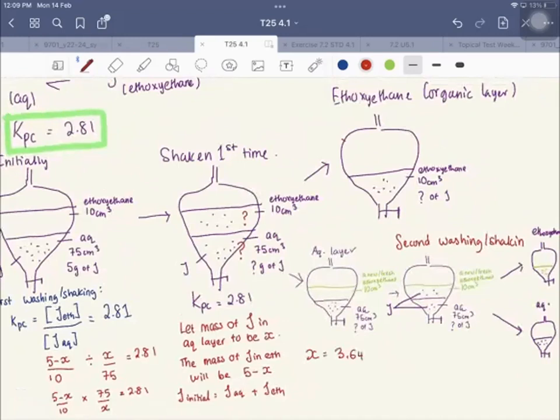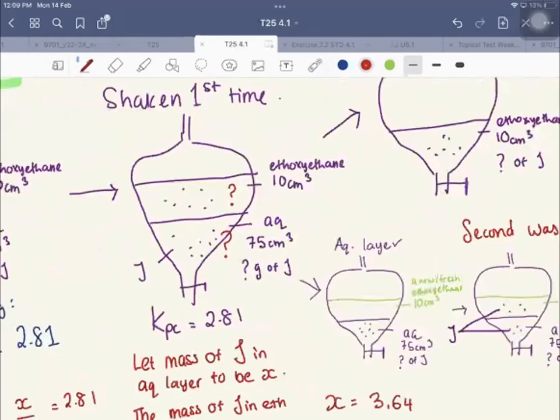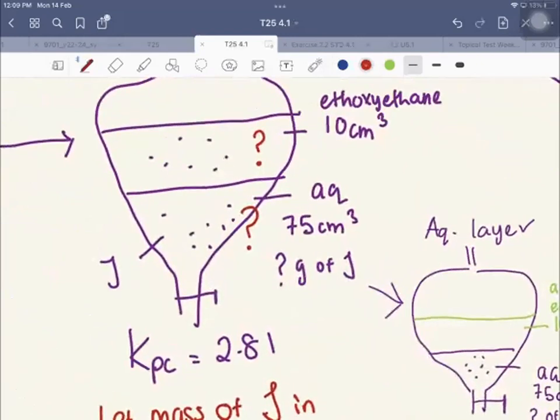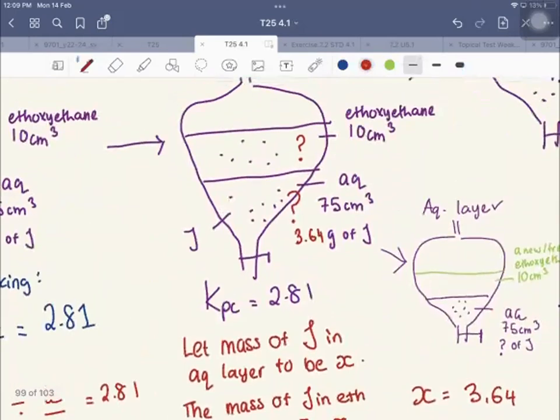That means my X was the mass of J in the aqueous layer. So I can fill in my details now. 3.64 grams of J in aqueous layer. Mass of J in ethoxyethane would be 5 minus 3.64, which is 1.36 grams. Is everyone okay?